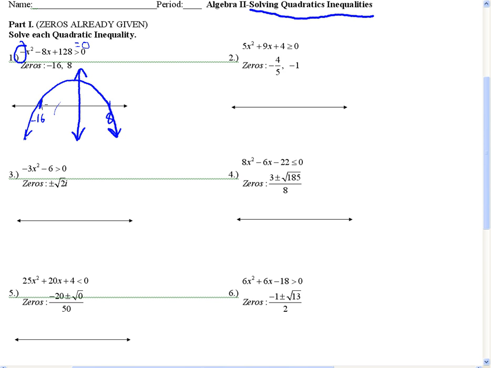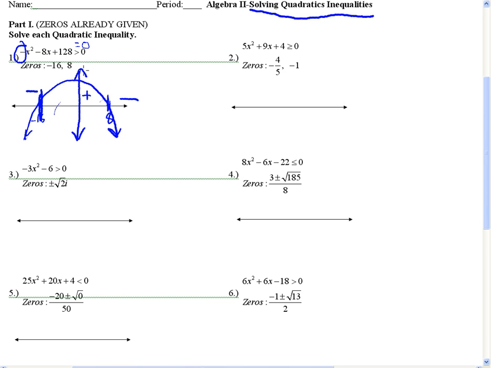Below negative 16, it's below the number line, so it's negative for numbers less than negative 16. Between negative 16 and 8, it's positive in the middle. And after 8, it's negative. So this is our sign chart. It goes from negative to 0 to positive to 0 to negative.